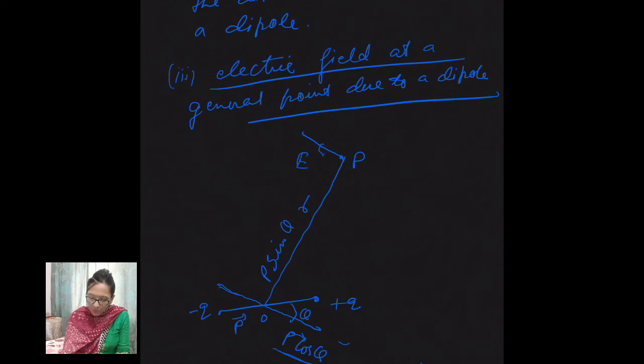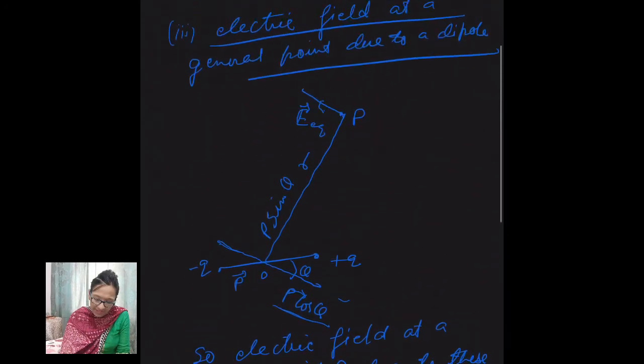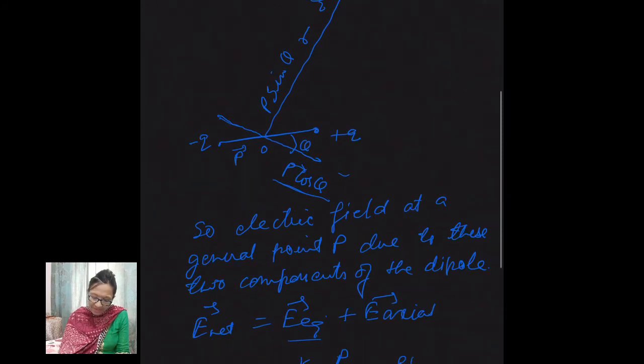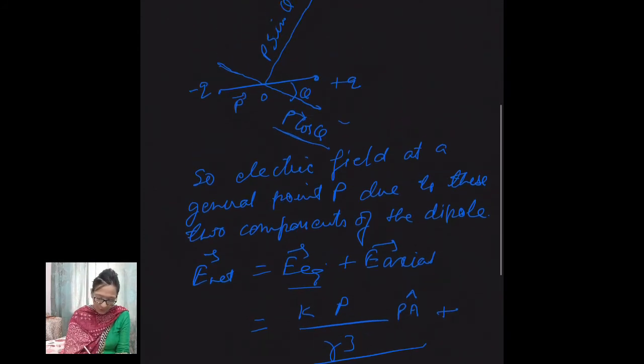So we have two electric fields and we have to resolve them. The resultant electric field E net will be along this direction, making an angle alpha. For a vector we need to know only two things: the magnitude and the direction. Firstly we will find the magnitude.